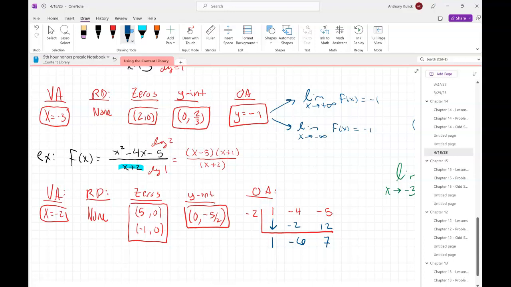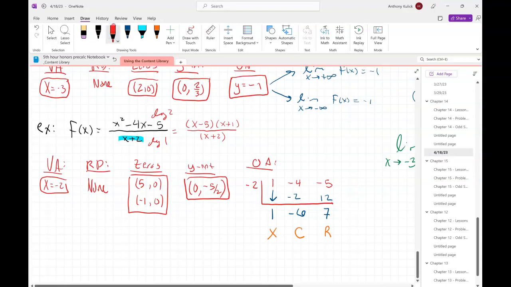And those numbers at the bottom tell me something. What do those numbers at the bottom tell me? Reading from right to left, which is not the typical way we do things, it is the remainder, the constant term, the coefficient on the x, coefficient on x squared, et cetera.